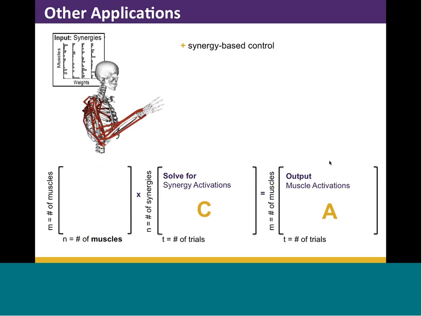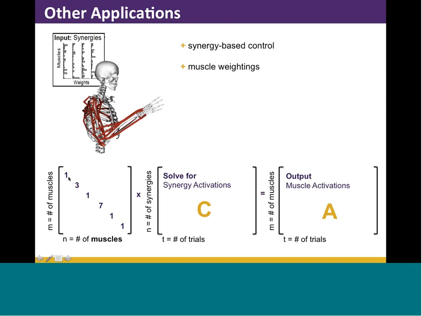So we originally developed this algorithm for synergy-based control to give us the ability to couple the activation and give weights to a bunch of different muscles within the system. However, the same framework also lets you do a variety of other things. For example, in a simulation, we may want to give different muscles different weights to either penalize or favor different muscles when we're performing a given optimization.